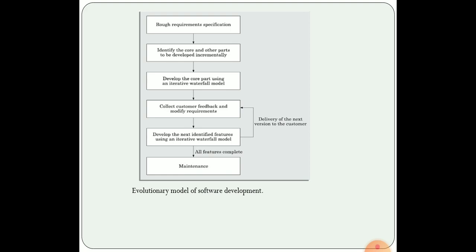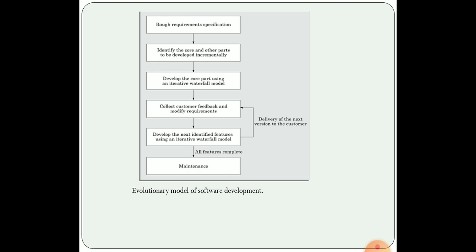The phases of development are repeated until the customer is satisfied with the partially developed software. The partially developed software is available to the customer, and he can use it and make suggestions based on his working experience with that software.